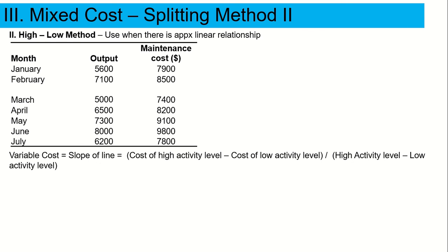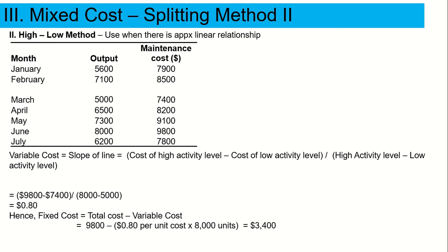You calculate the slope as the difference between the cost at the high activity level minus the cost at the low activity level, divided by the high activity level, which is the output, minus the low activity level. Here in this data set, 9,800 is the highest cost value, 7,400 is the lowest cost value. So the difference between the two, divided by their corresponding output levels, which is 8,000 minus 5,000, gives you 80 cents as the variable cost.